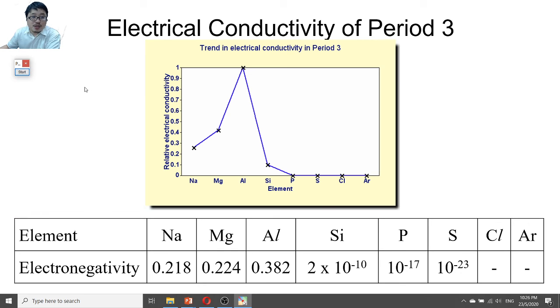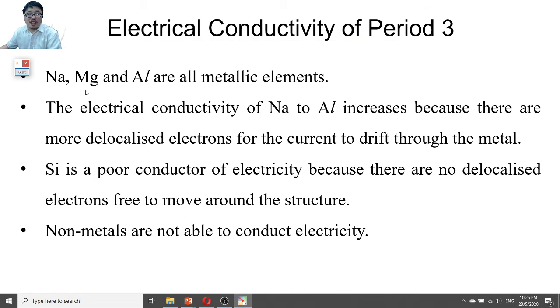The biggest reason is that sodium, magnesium, aluminium are metals. They have metallic bonding, therefore they have free moving delocalized electrons for the current to go through.